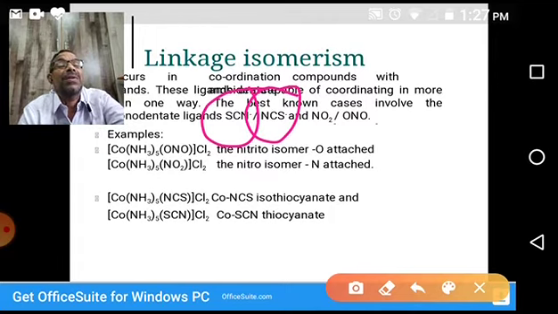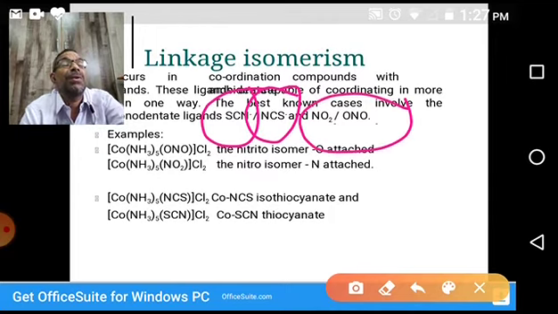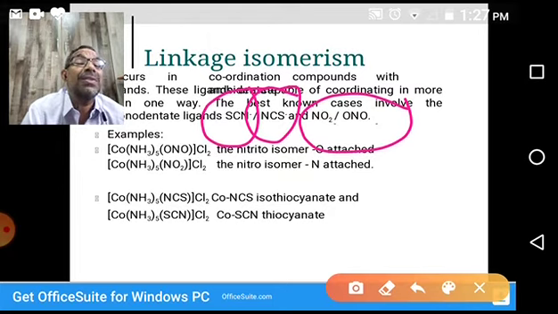This is also one more example. We observe this isomerism in ambidentate ligands in general. If you observe carefully, a ligand which has two lone pairs but is capable of donating only one pair: if it is donated from one atom, we have one type of linkage.